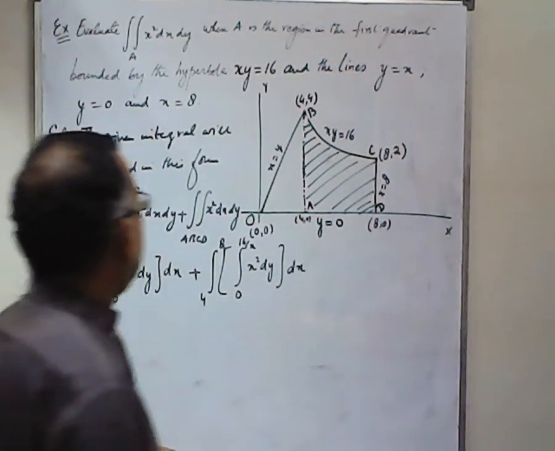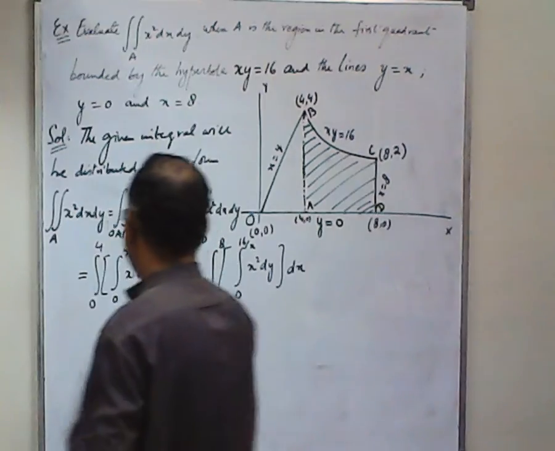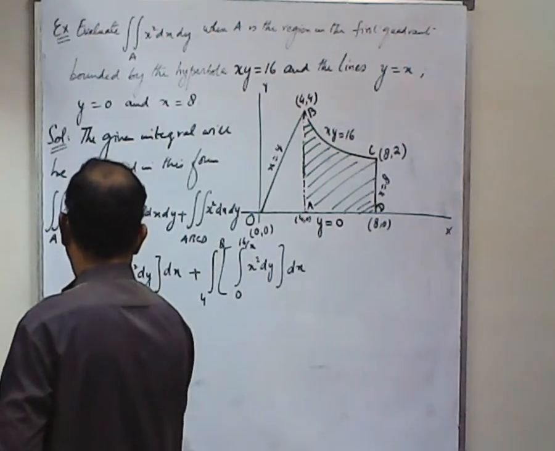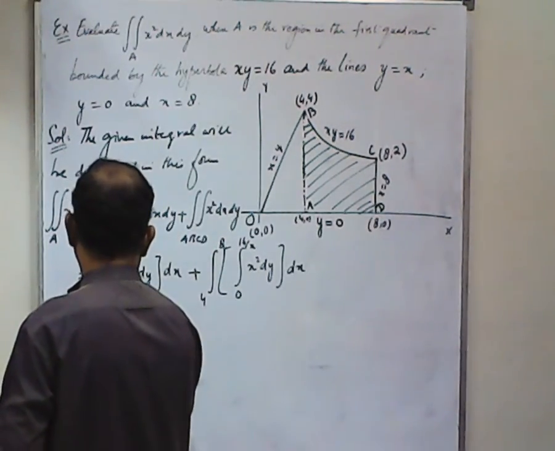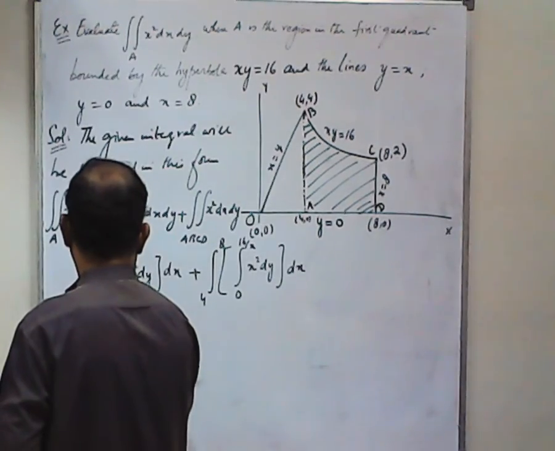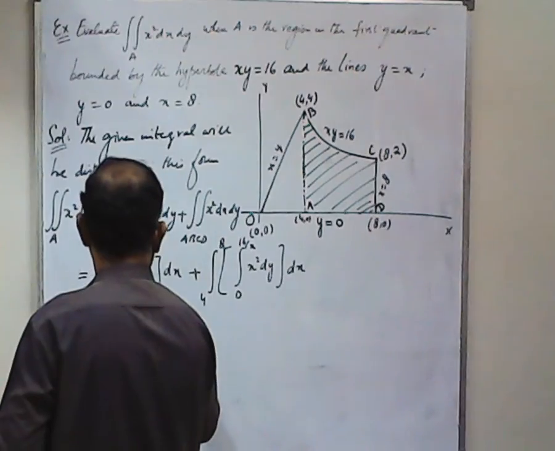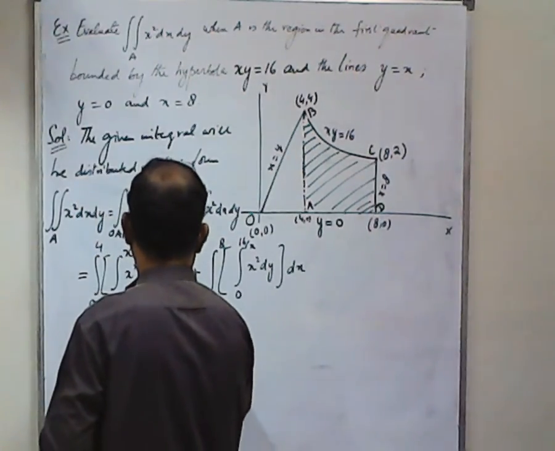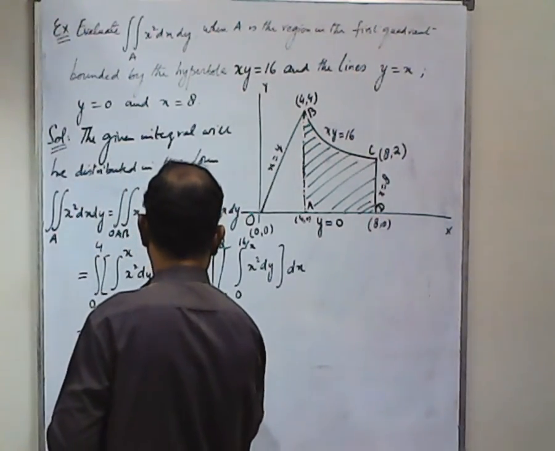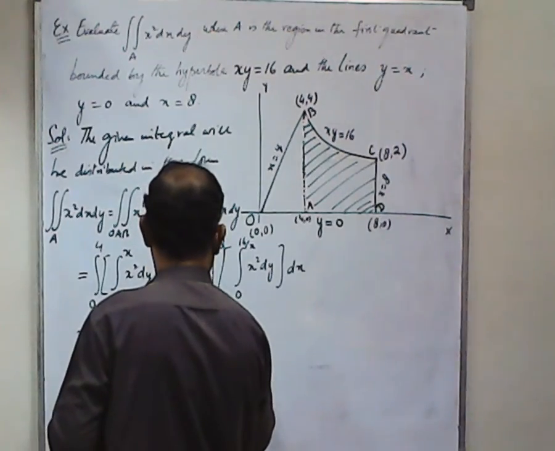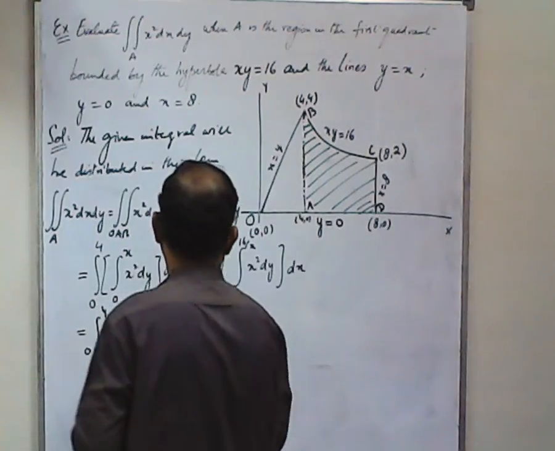So here it is 0 to 4, and then on integrating we will get x square y, with limits 0 to x, dx, plus 4 to 8, and then x square y with limits 0 to 16 upon x, dx.